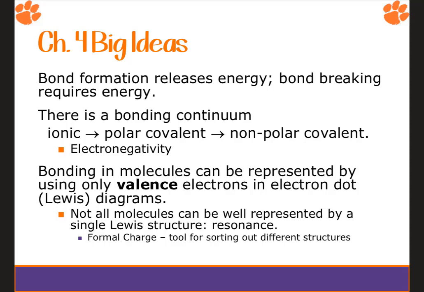The biggest thing is the concept of resonance. Just because you draw them in a certain way doesn't mean that's how they actually look, and electrons can move around, and they're not completely static. So we use something called formal charge to help us figure out which are the better structures. So just work through problems, draw Lewis dot structures, and the more you do, the better you'll get.